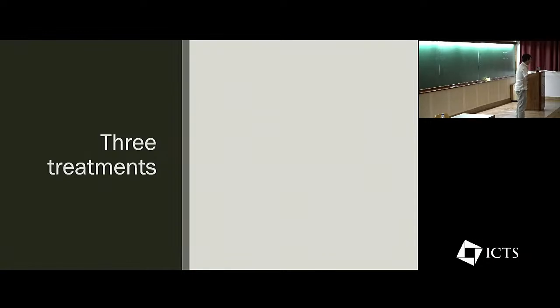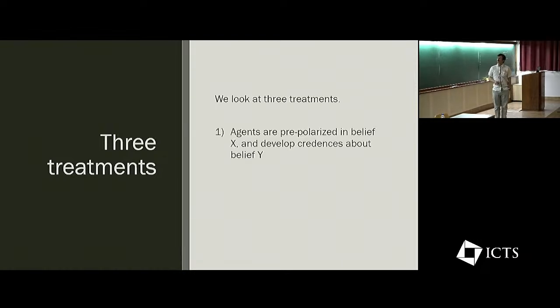Okay, so we're looking at the two-belief model now. We're going to look at three different treatments in total in the paper. One is a case where agents are prepolarized in one belief, and then they're trying to solve a new problem. And so the idea here is there are sort of battle lines have already been drawn on one topic.